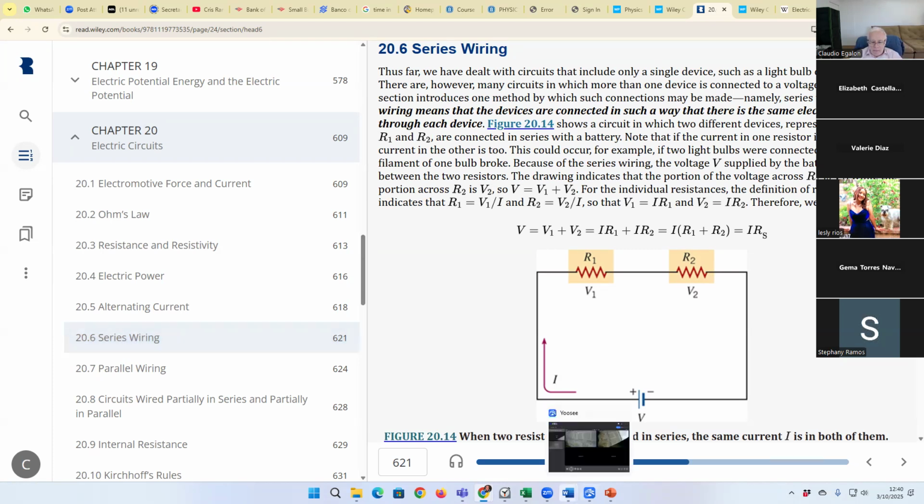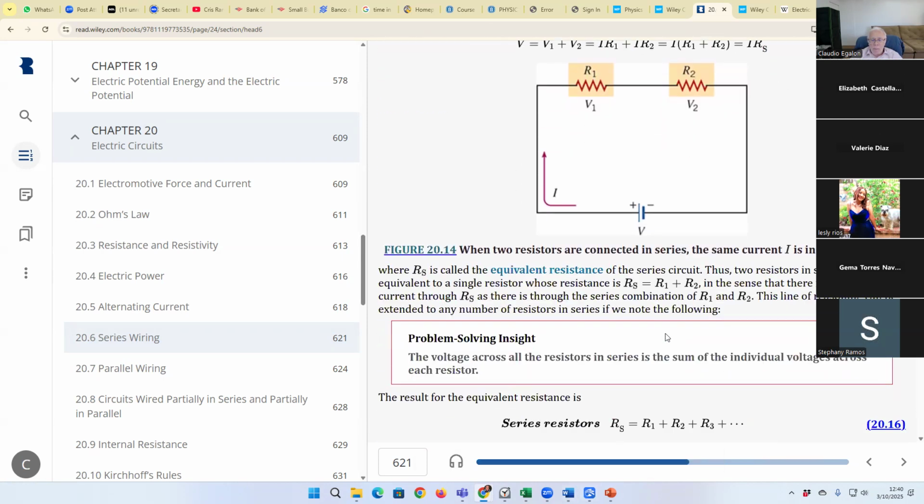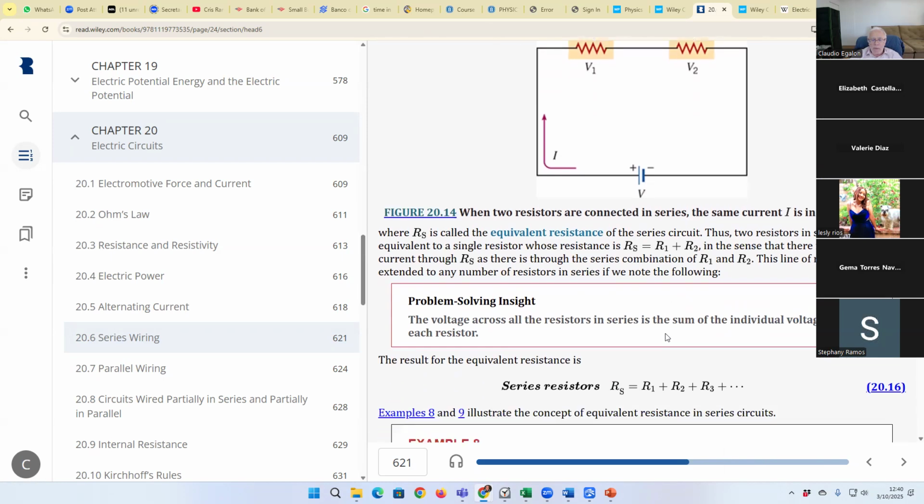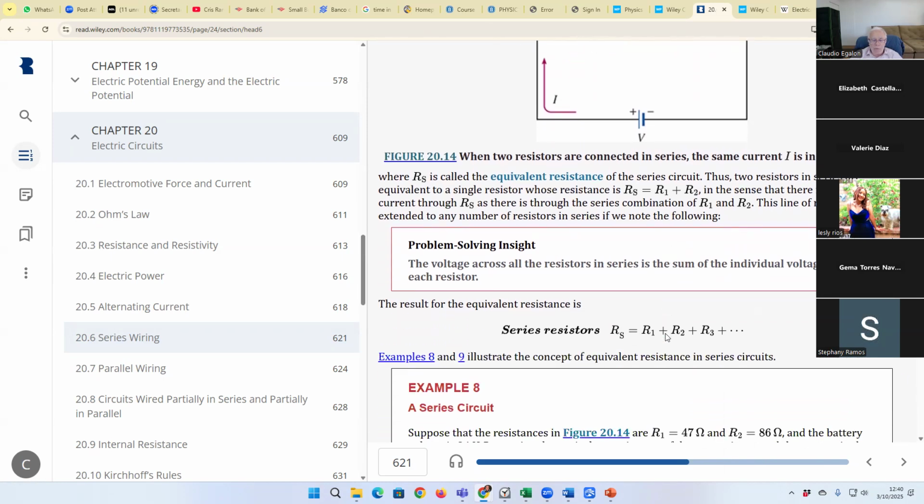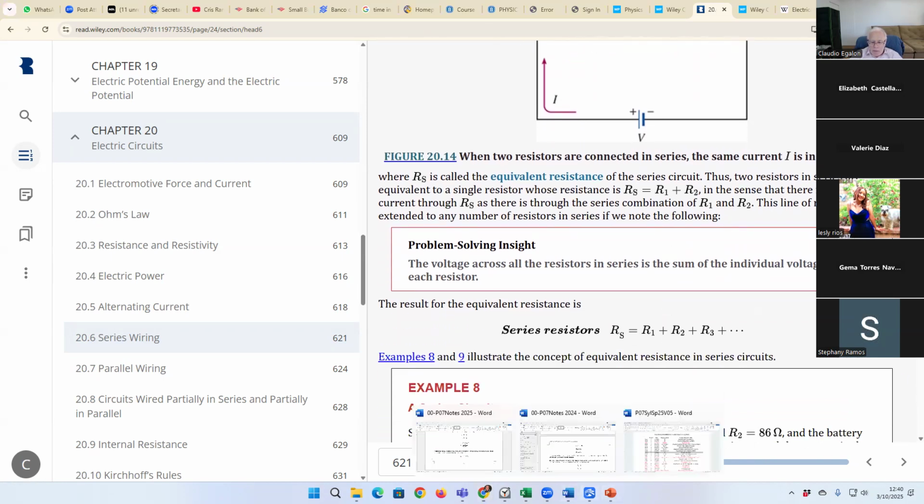And this series wiring behaves not just for 2 resistors, but has the same behavior for n resistors, okay? So I'm going to write down here for you.